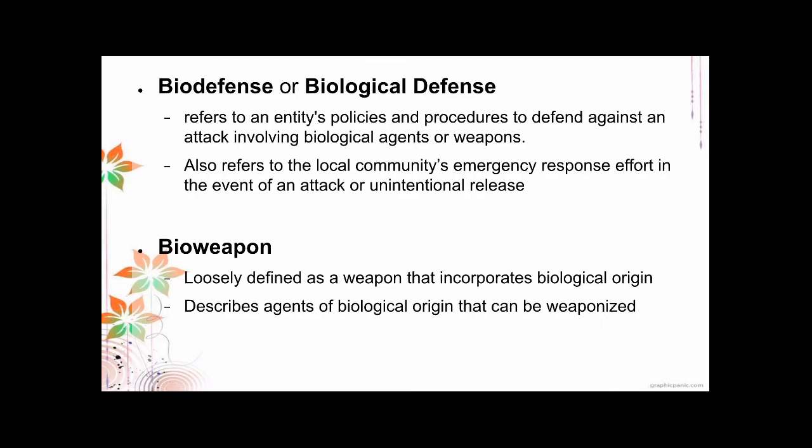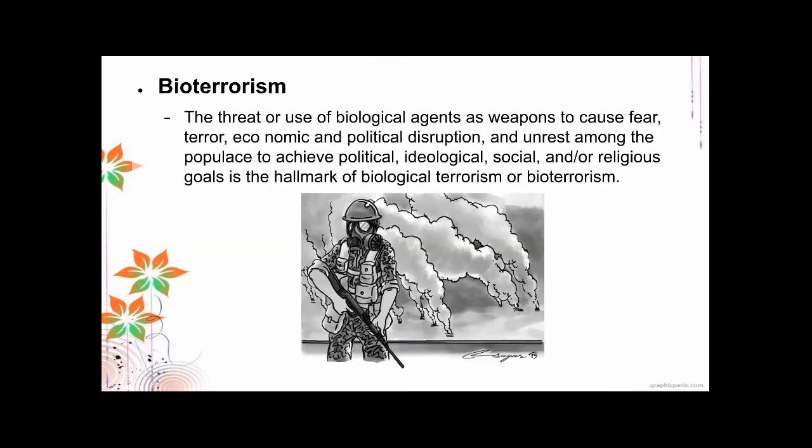Actually, this is a definition provided ever since the 9/11 attack way back in 2001, especially the anthrax attacks. Now, bioterrorism is the threat or use of biological agents as weapons to cause fear, terror, economic and political disruption, and unrest among the populace to achieve political, ideological, social, and or religious goals, which is the hallmark of biological terrorism or bioterrorism.